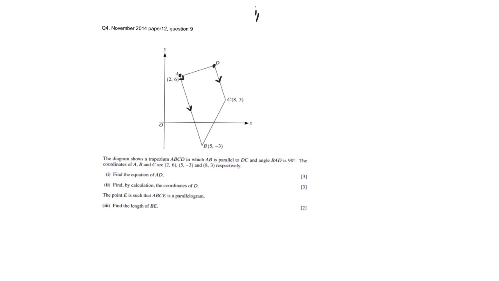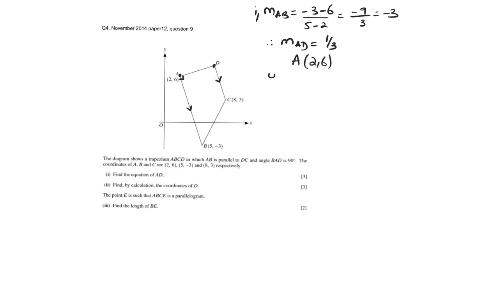So first of all, calculate the gradient of AB, which will be y2 minus y1 over x2 minus x1, minus 3. Therefore, the gradient of AD would be the negative reciprocal of minus 3, hence simply 1 over 3. Now you already have a point A, which is 2, 6.